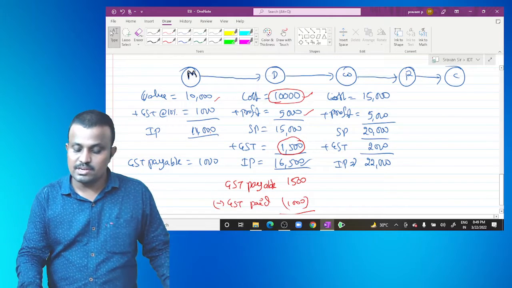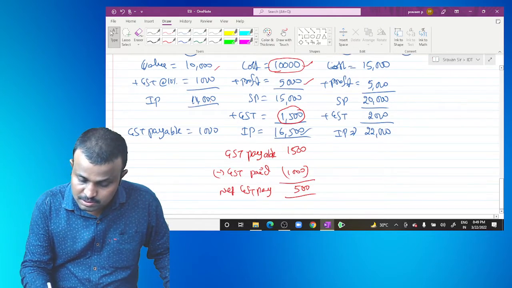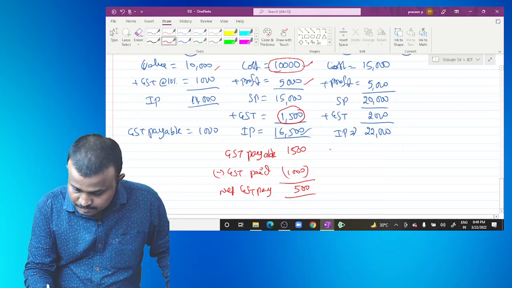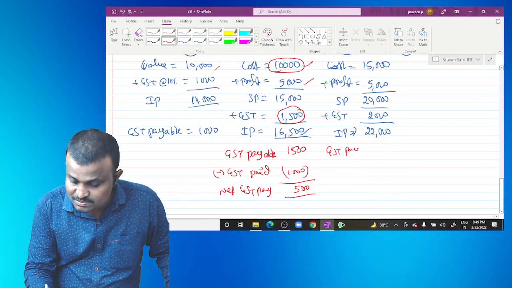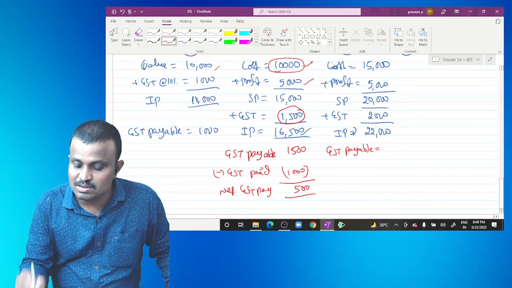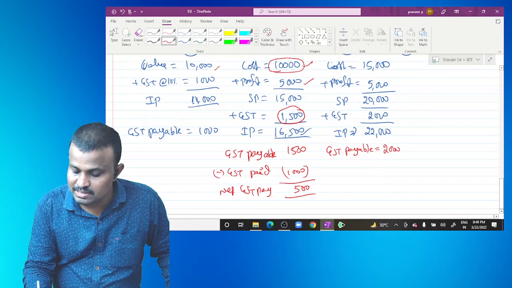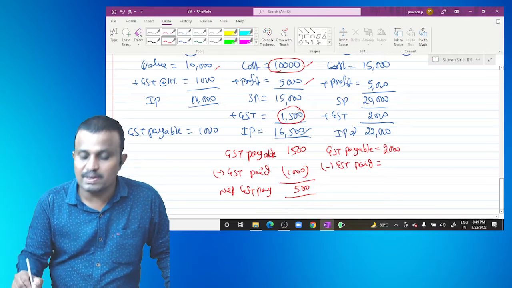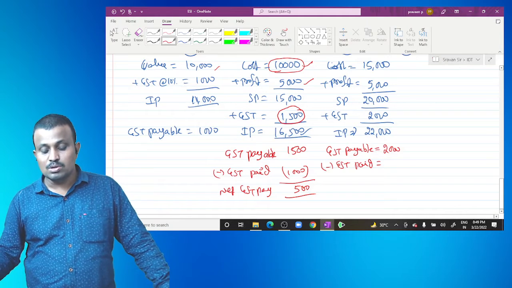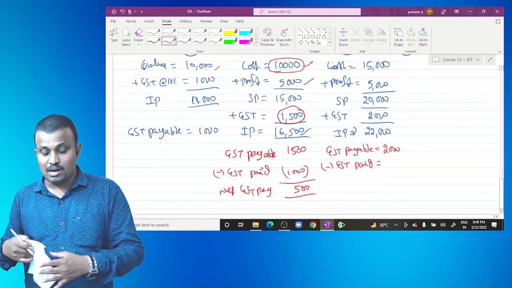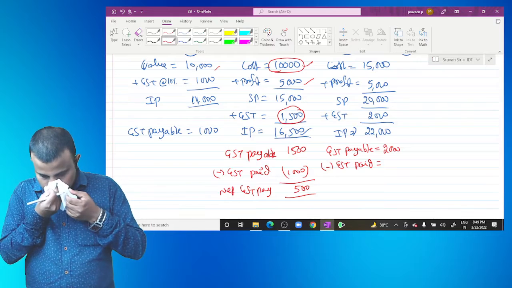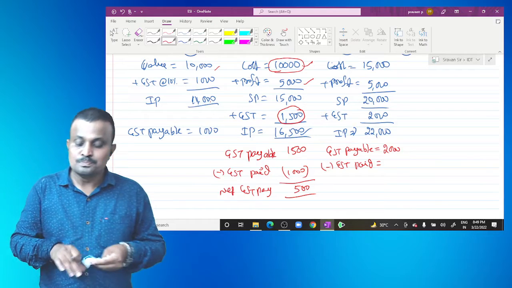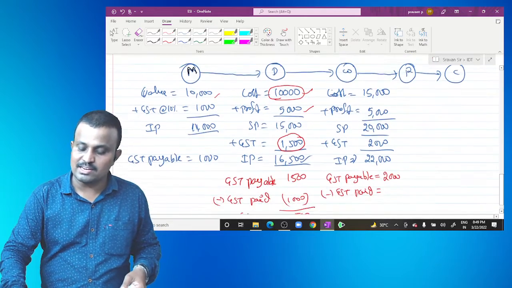22,000. So here GST payable, and what does the GST payable stand for? GST collected on sales. So how much amount did he collect? 2,000. Out of that, GST already paid by the party. The total amount collected is 2,000.